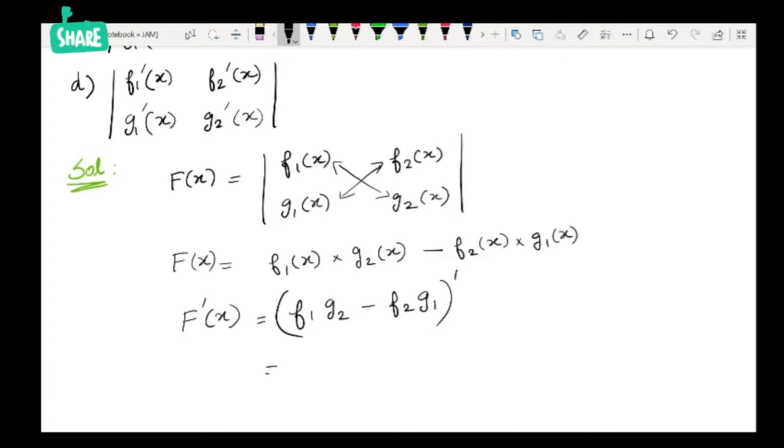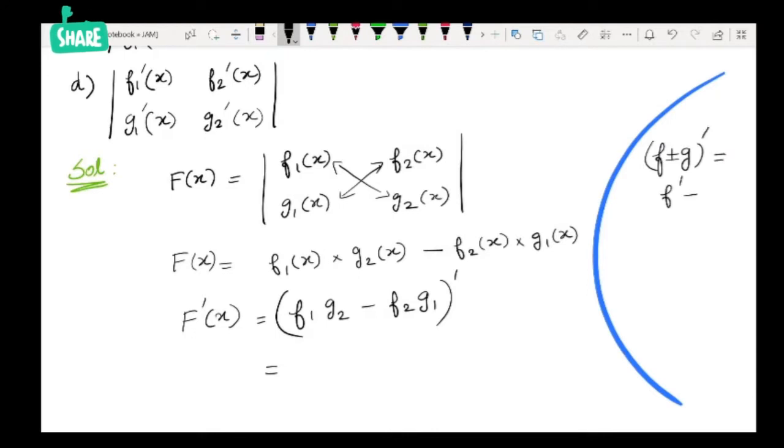So to take derivative of this one, we need to know two properties. One is that if we have two functions f and g, then f plus or minus g the whole dash is same as f dash plus or minus g dash. So let's apply that here. The first term f1 g2 the whole dash minus f2 g1 the whole dash.